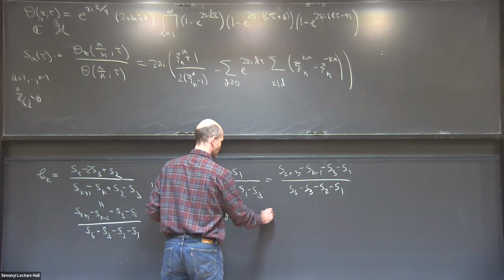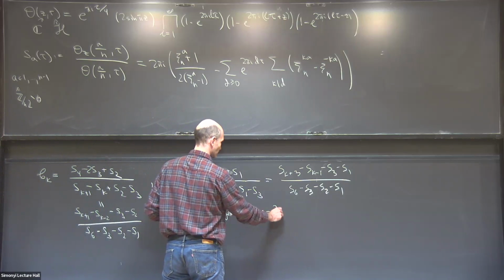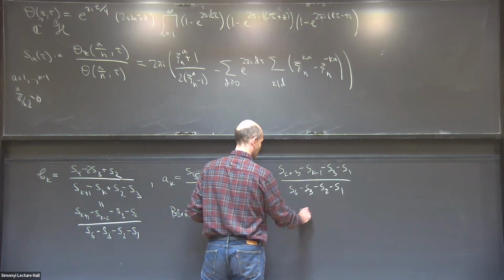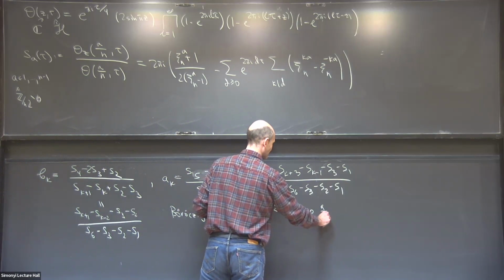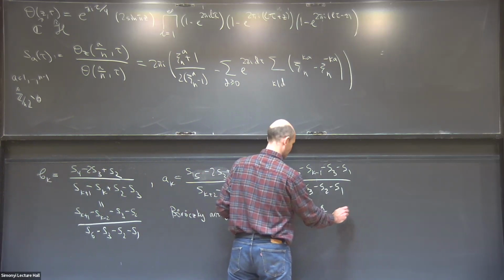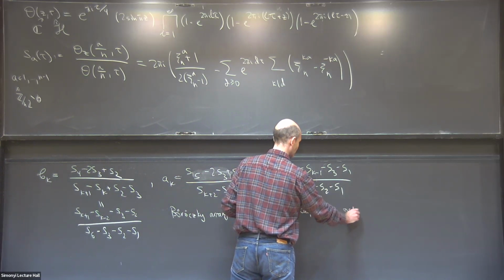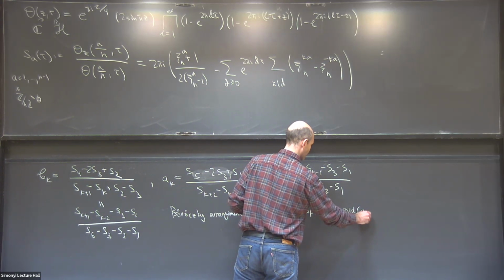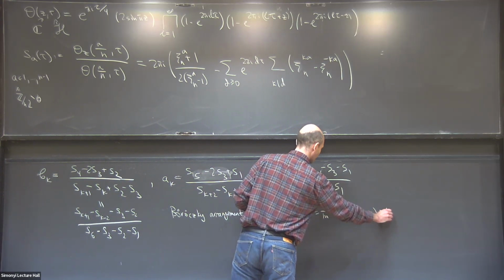In this case, you look at something like n equals m, and the cusp corresponds to a mod m, where GCD of a and m is 1.